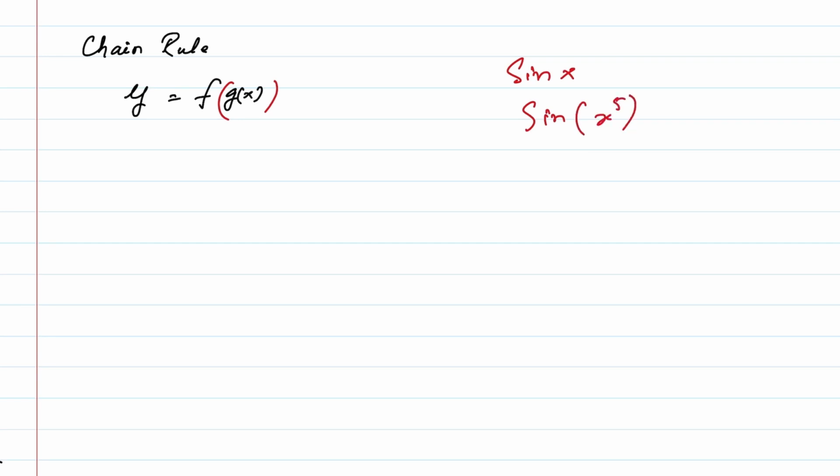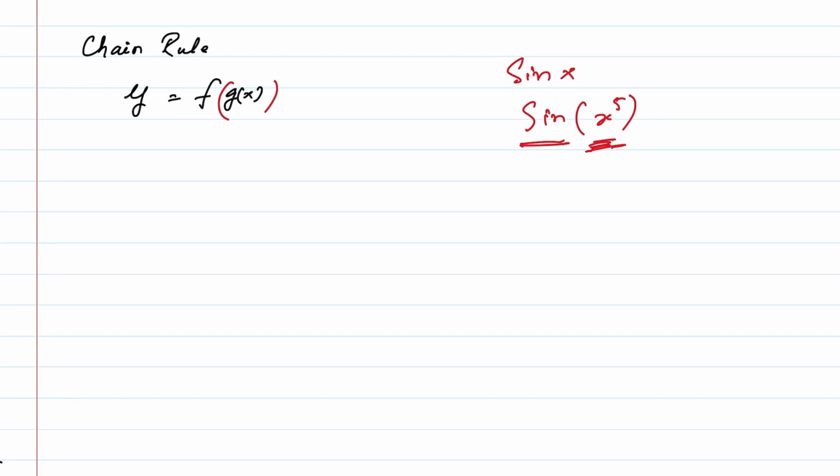Let me show you what the chain rule is. Suppose you have a function y is equal to f of g of x. That means it is a function of a function, not a single function. Suppose we have a function like sin x, it is one function. Instead of sin x, suppose there is sine of x to the power 5, then it is another function of a function.